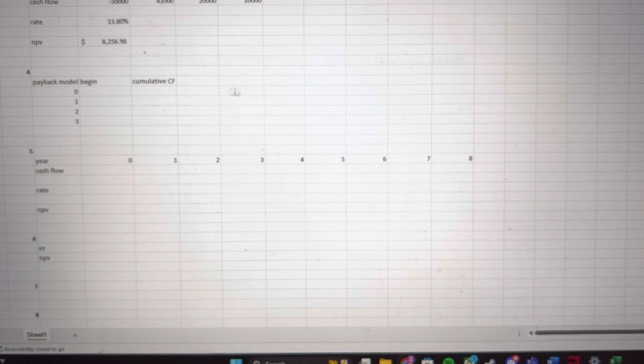So we have years 0 through 3. Year 0 is an investment of $6,000, so it's negative. And years 1 through 3 are $3,600 each.